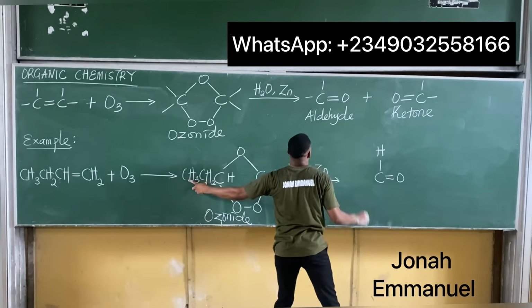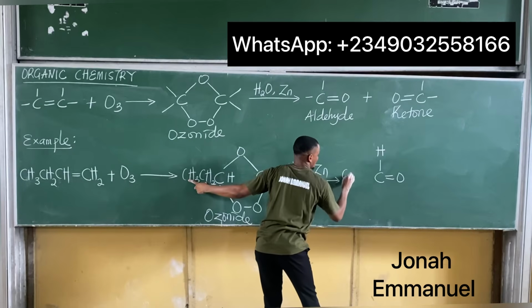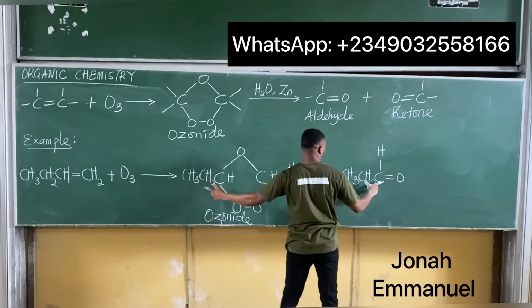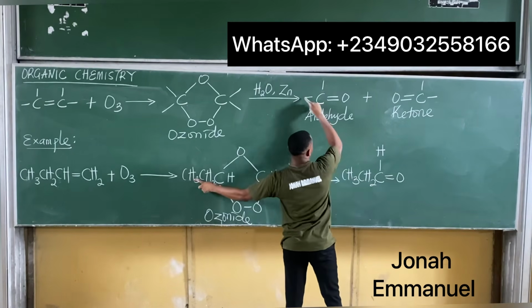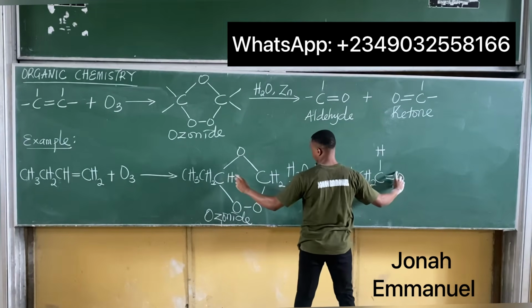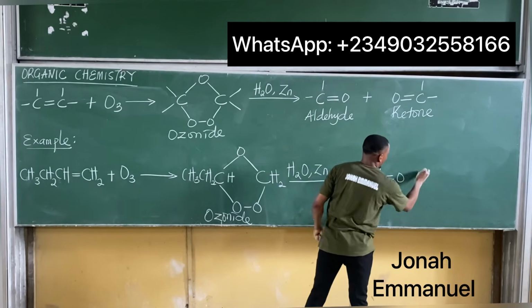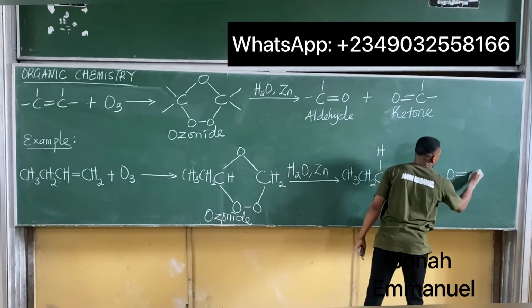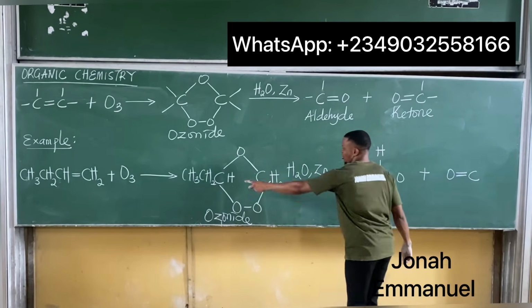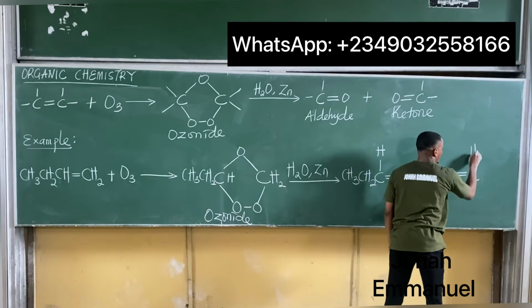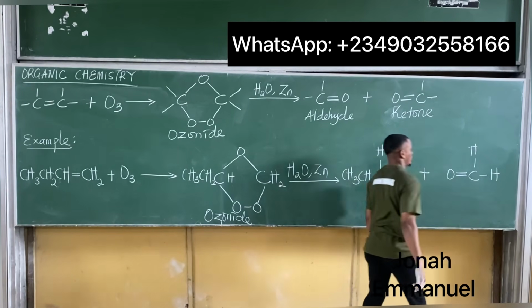The other alkyl group gets fixed here, so it becomes CH3, CH2. Please see the same thing: CH3, CH2 fixed here, this H goes up. Then this one here, plus O into C. How many H are there? One here, one here. That's it.